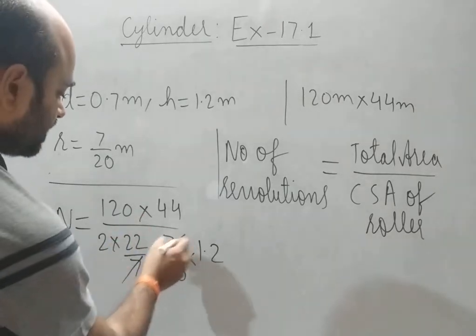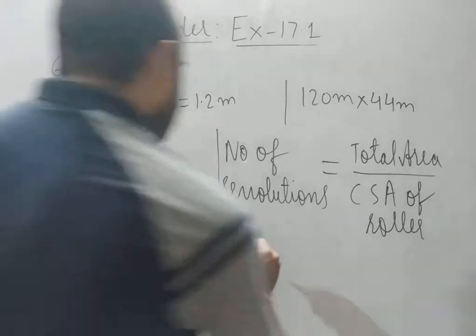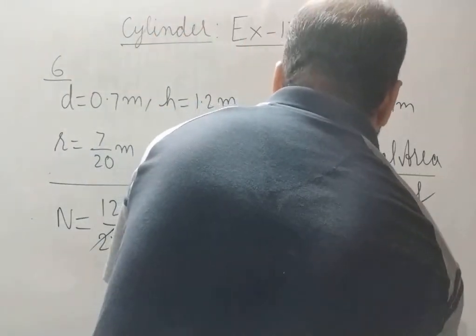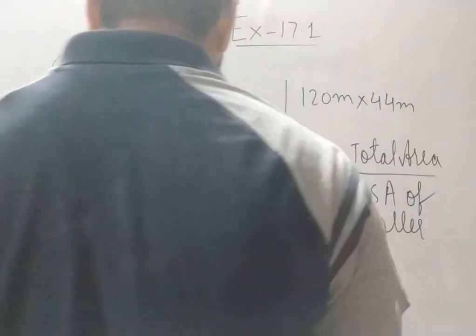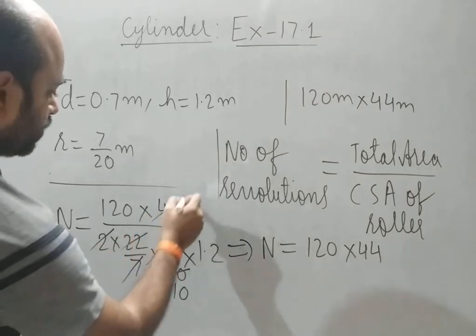Everywhere units are same. So this 7 and 7 cancelled. 2 into 10. Correct? So n will be 120 into 44, and this can also be cancelled, 22 into 2.